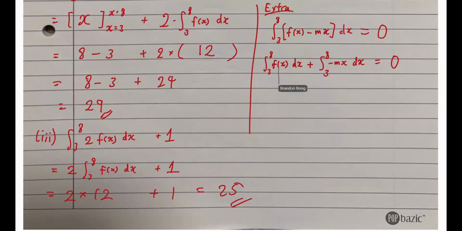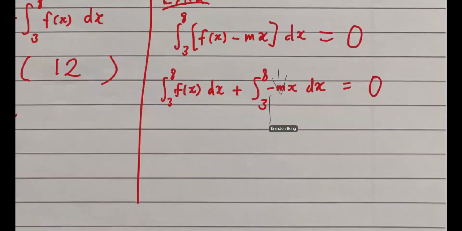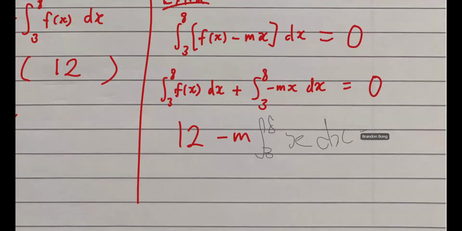Then how to continue? Okay, so the first term is 12. Good. Plus, actually, you can bring out m. So you end up with negative m factored out.